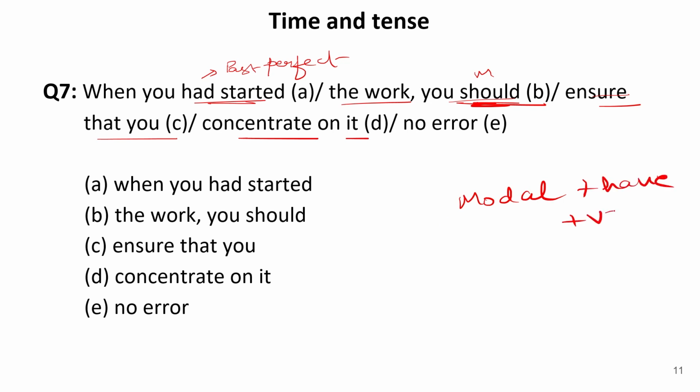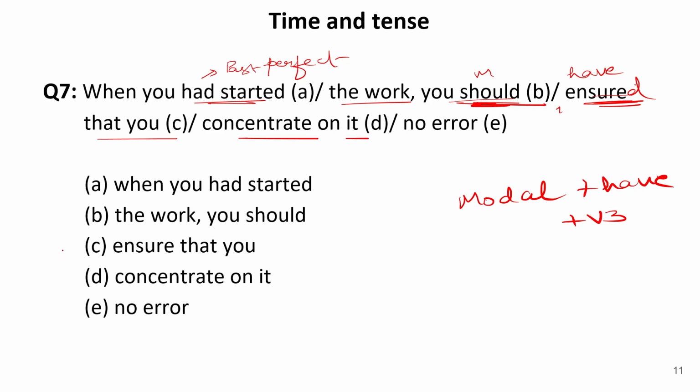So let us just rectify it. You should have ensured that you concentrate on it. Therefore, here the error is in part C because this "ensure" is written in first form where we need it in third form. So it should be "should have ensured," because after "have" we need verb third form.